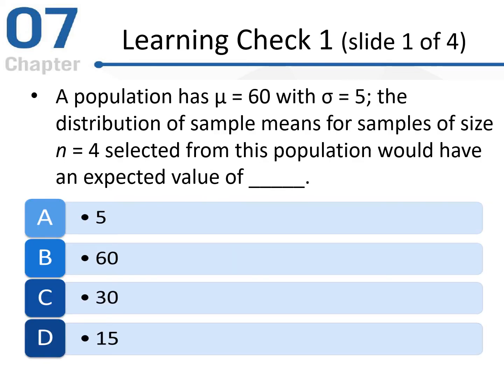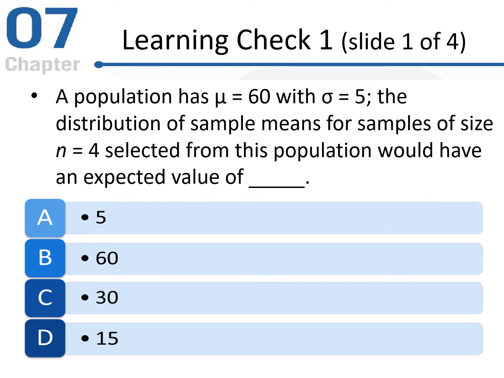So learning check 1. The population has a mean of 60 with a standard deviation of 5. We're calculating the distribution of sample means for sample sizes of 4. What would be the expected value? So what would be the mean of that sampling distribution of the mean?